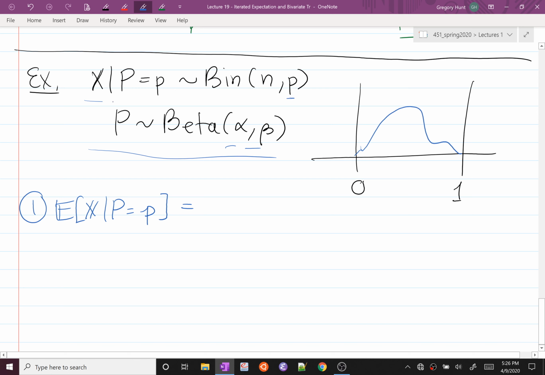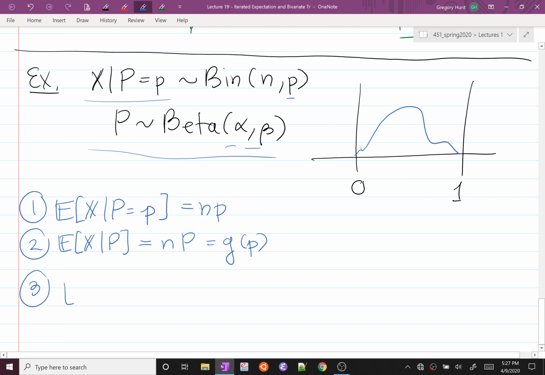If x given p is little p is binomial n, p, then this expectation is just np. And so the expected value of x given p, the random variable, is n times p. So I'm using capital P now as the random variable, or you could write this as g of lowercase p.